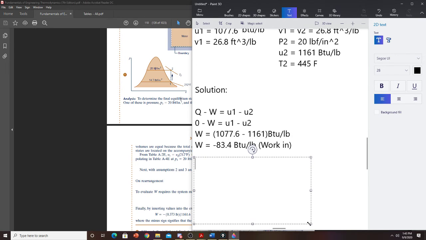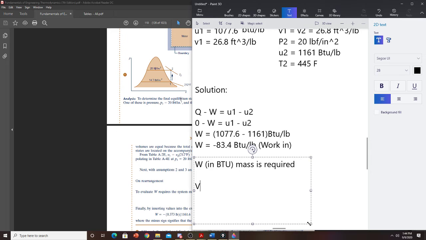So to find work in BTUs, you have to find a mass, right? Mass is required. How they found the mass was how they found it the last time, if you guys remember.